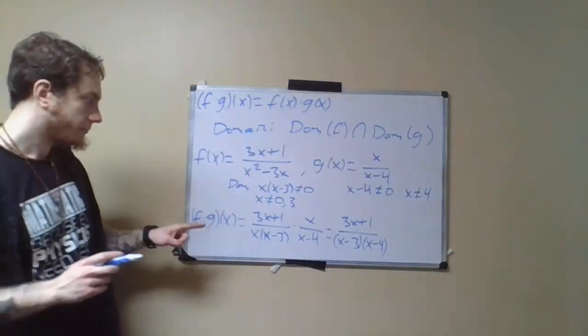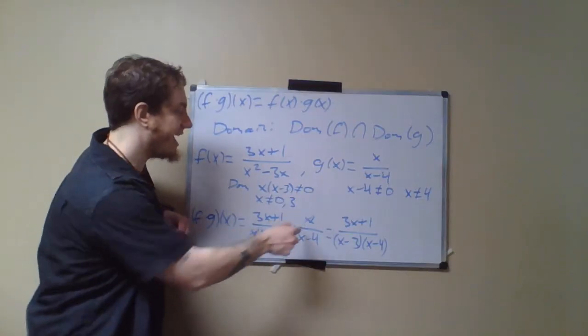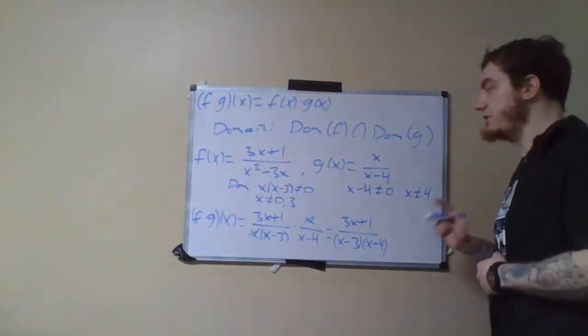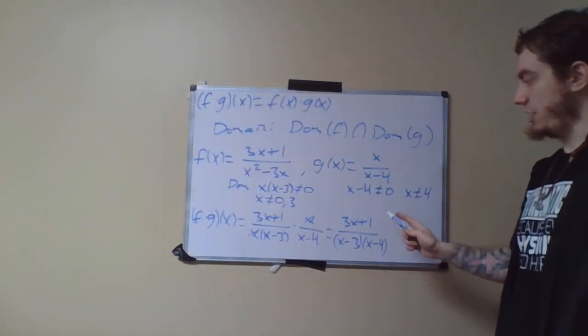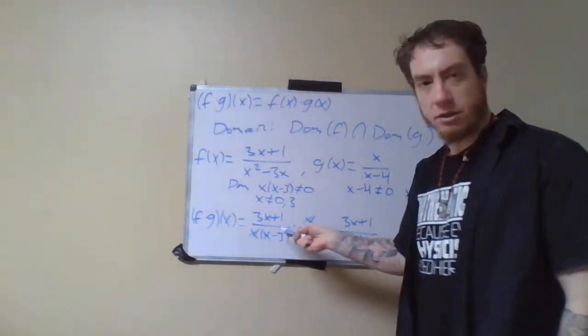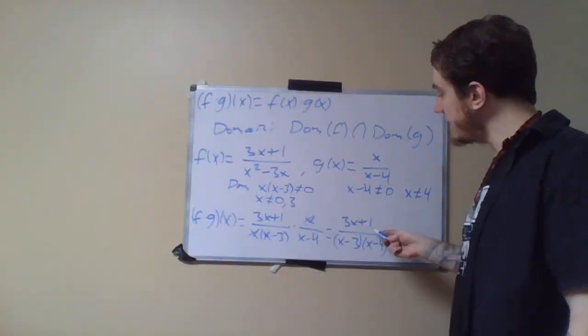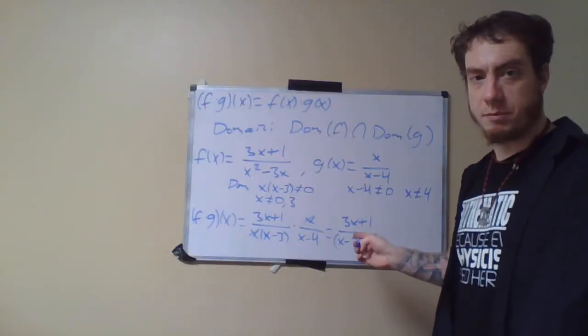However, when I cancel these x's, they do cancel, that's fine, but we have to remember that this changes the domain of the expression. So this on the left wouldn't be defined if x were 0, even though this on the right has no problems with x being 0.